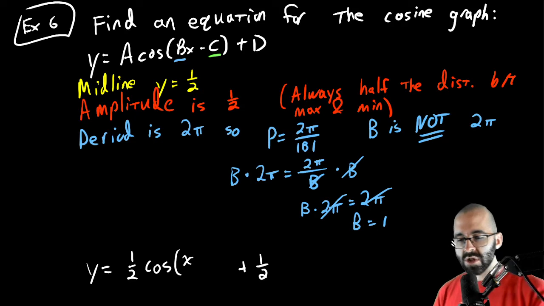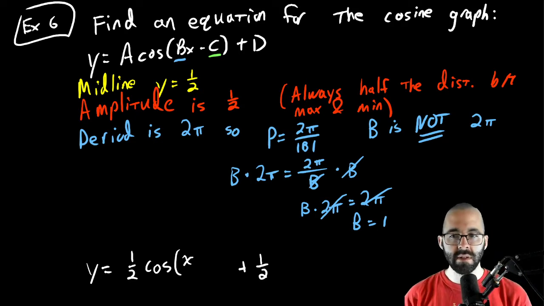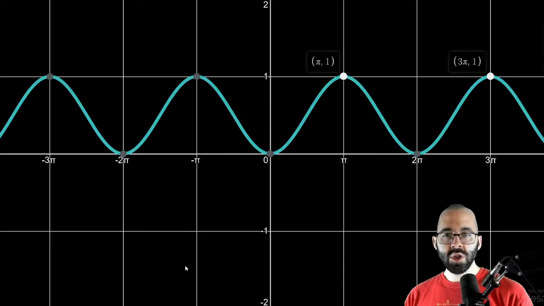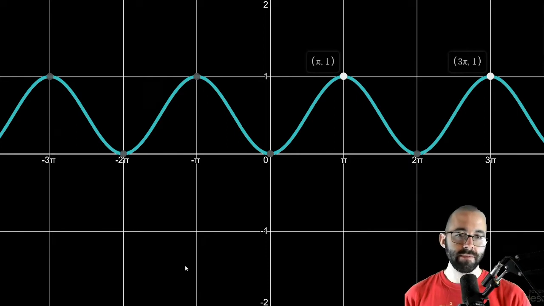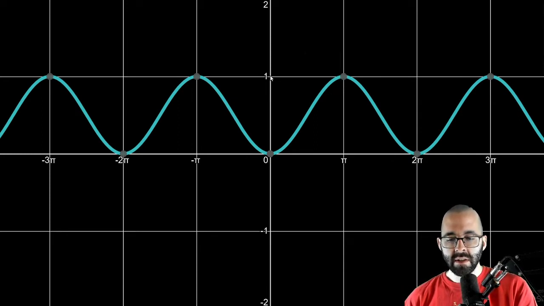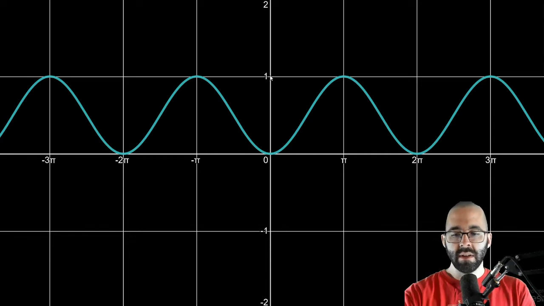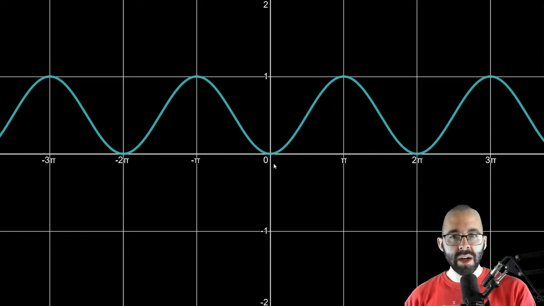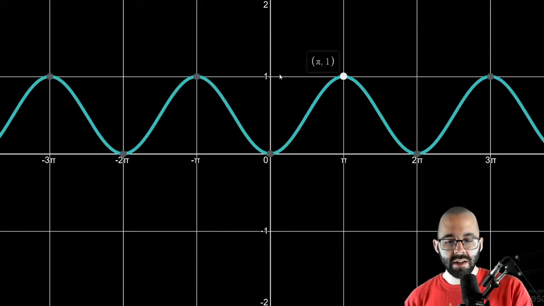We still don't know the phase shift. So there's 2 ways of doing phase shift here. Actually, there's a million ways, literally infinitely many ways of doing phase shift, but there's 2 ways that I think make the most sense. Cosine starts at the top. This graph is starting at the bottom. So you have 2 ways of dealing with that fact. You can say that we shifted it, right?